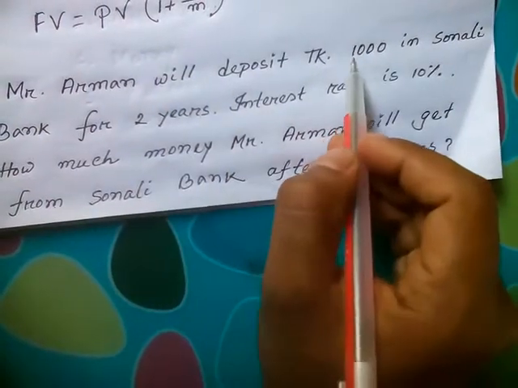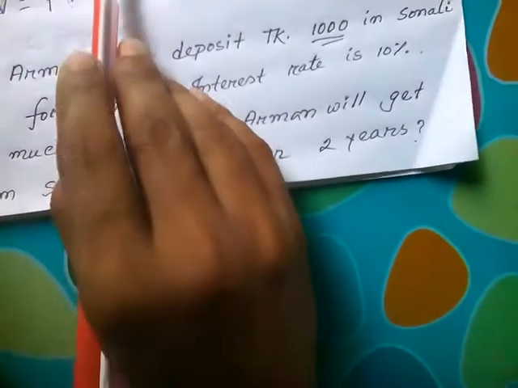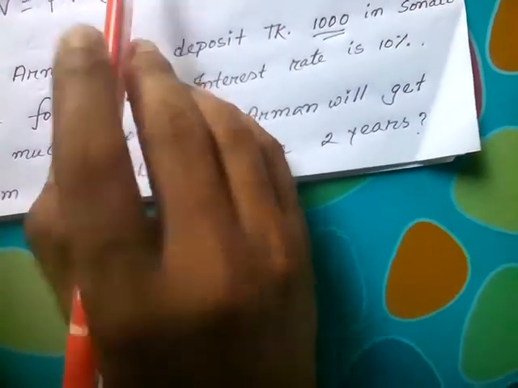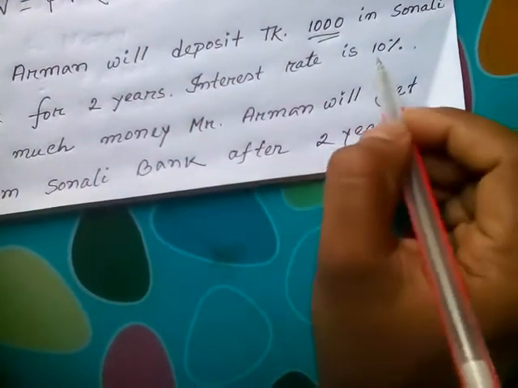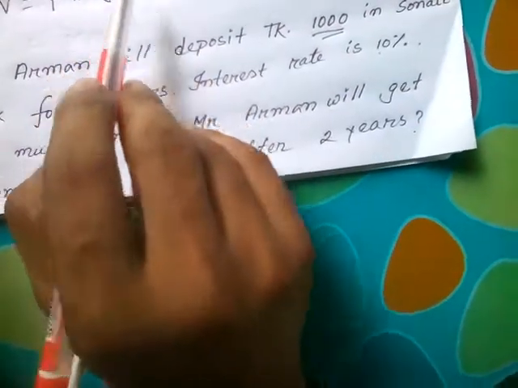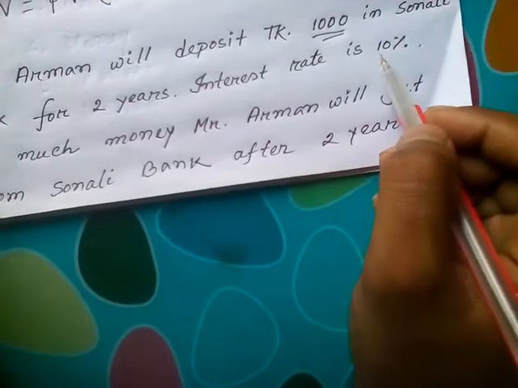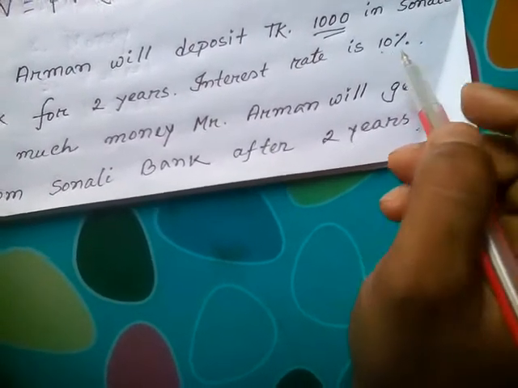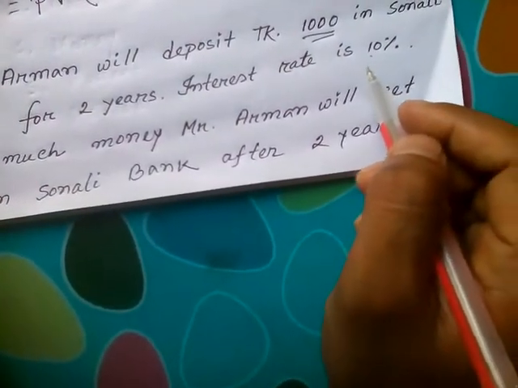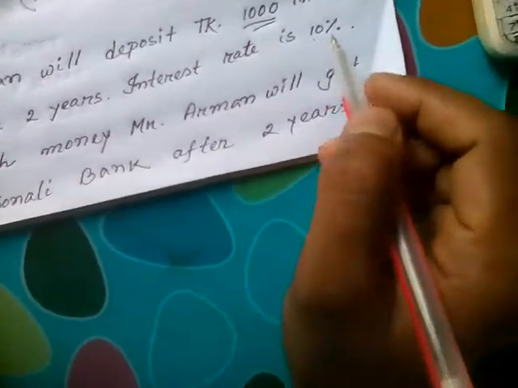Here PV means the principal or present value, that is 1000 taka, and 1 is for formula, and I or interest rate is 10%. If we write this 10% in decimal, then it will be 0.1, or easily we can calculate it.